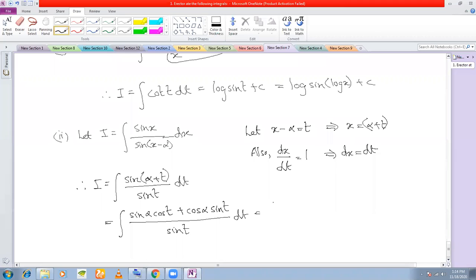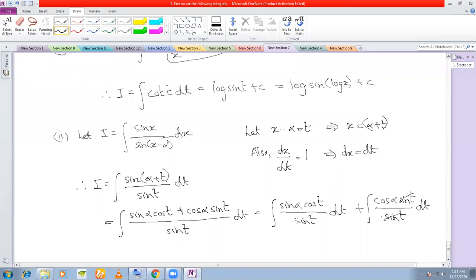Now you can separate: integral sin alpha cos t by sin t dt plus integral cos alpha sin t by sin t dt.